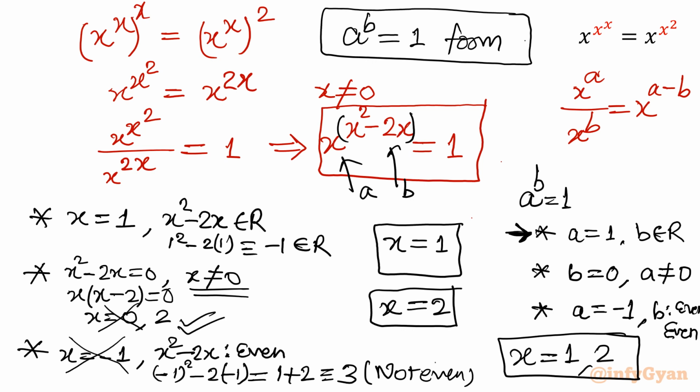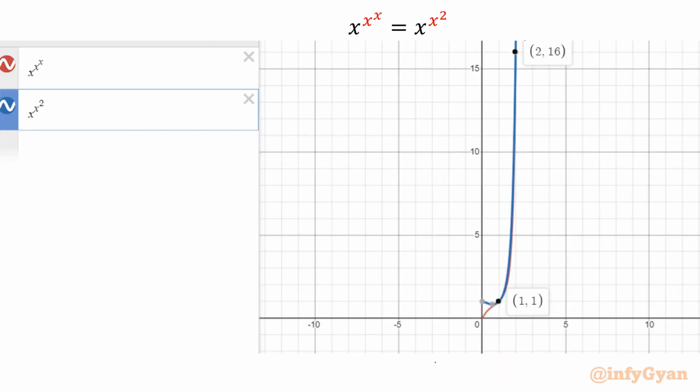Okay. Now come to the graphical part. This is something very, very interesting. My question to you is x power x equal to x power 2. If I write the property of exponent, then I can write x power x is equal to x power 2.